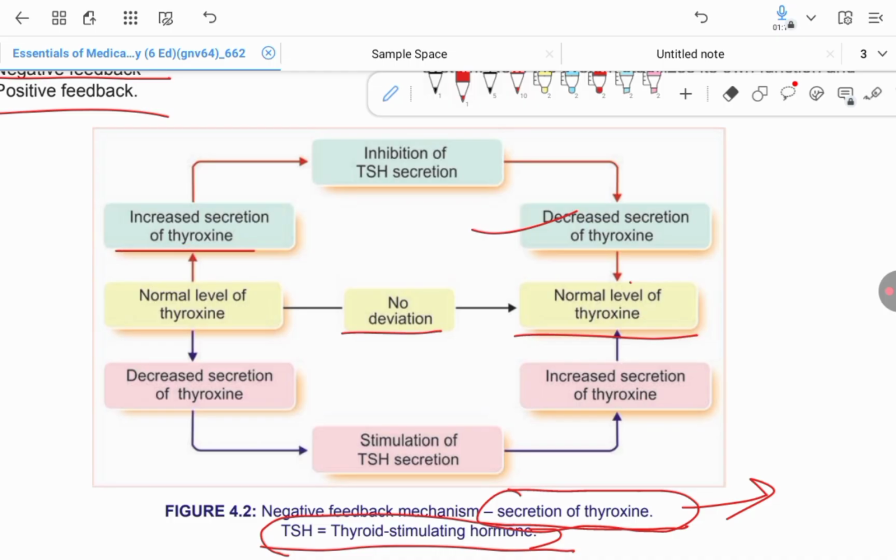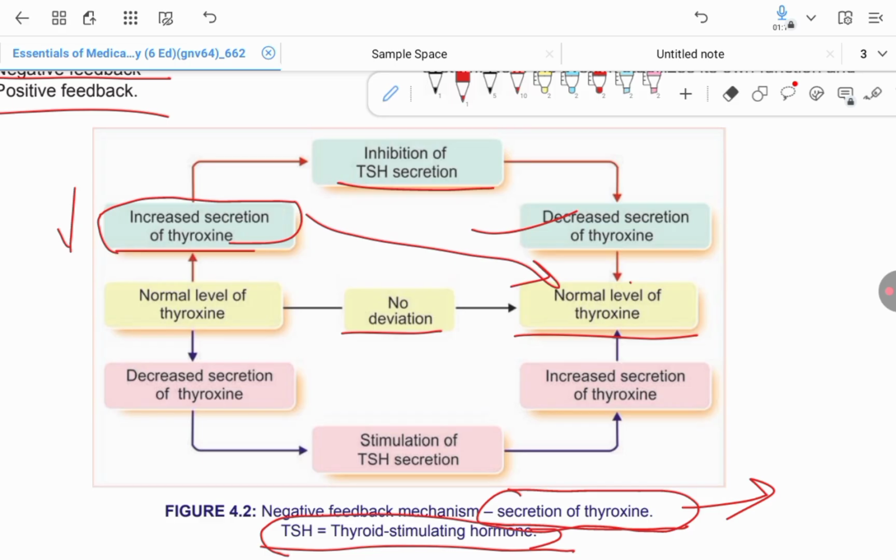When there is an increase in thyroxine level, why is there an increase? Because of the increase in TSH secretion. When there is more secretion of TSH, there will be more secretion of thyroxine. So to bring this increased secretion of thyroxine to the normal level, we have to inhibit the TSH secretion.